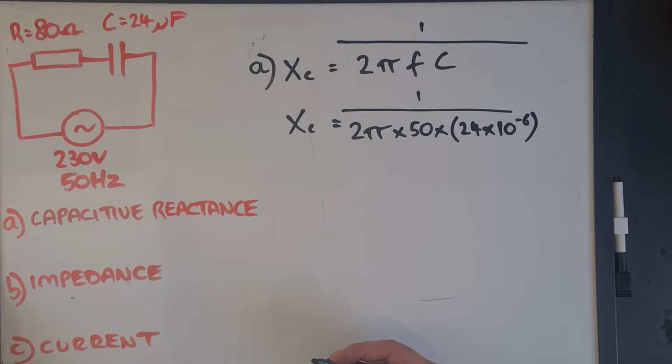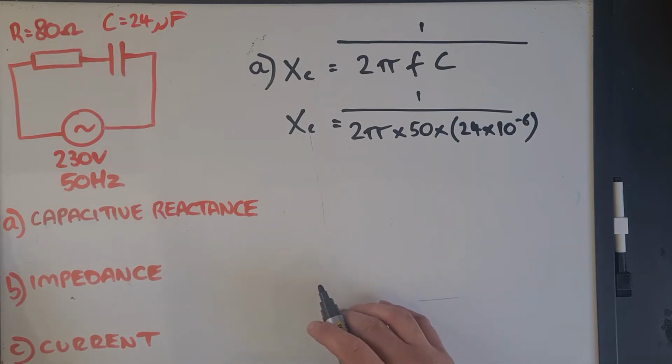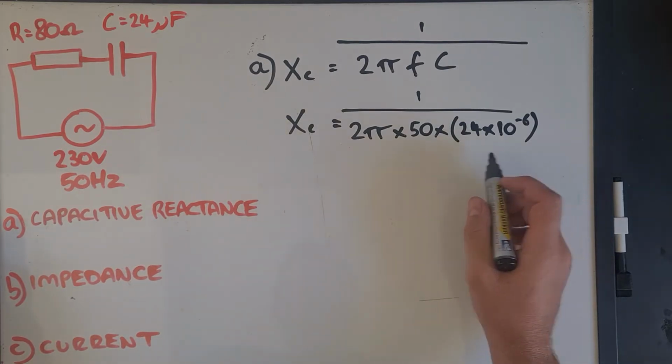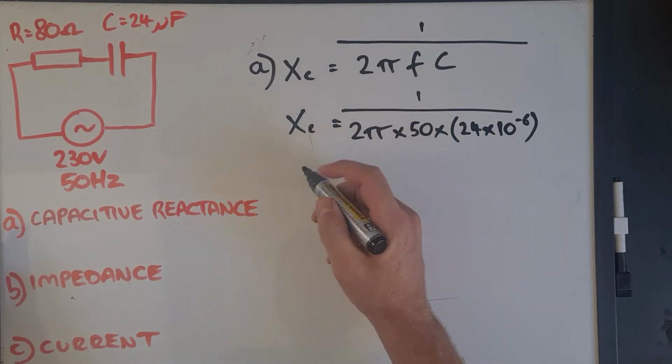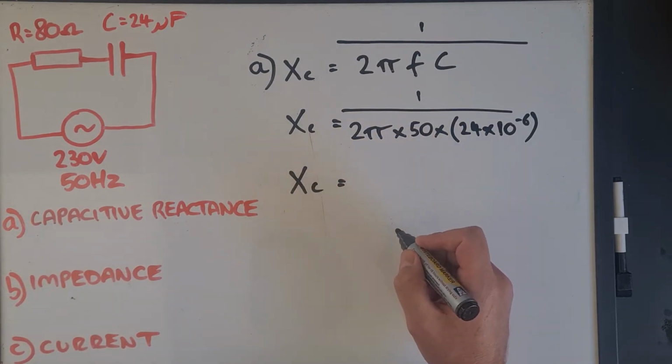Remember, that essentially moves the decimal point 6 places to the left, converting microfarads into farads, which is what we need, because we always have to put numbers in base units.